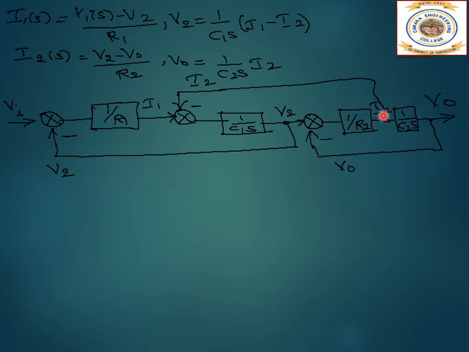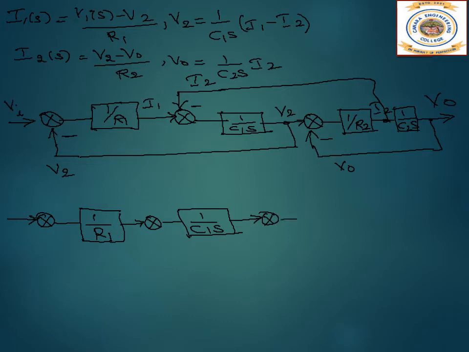Yes. So when we shift, now we'll see what happens when I simply shift it over there. So let me just shift it there. I'll just redraw this. So Vi, and this is 1 by R1. This is 1 by C1s.